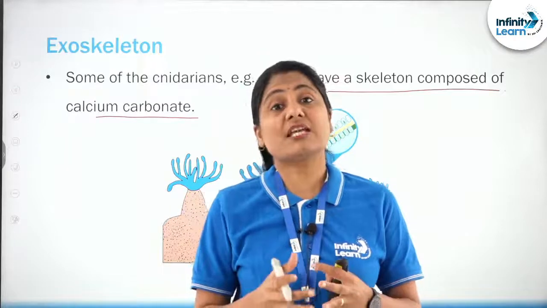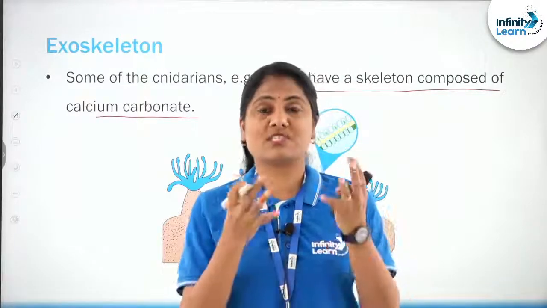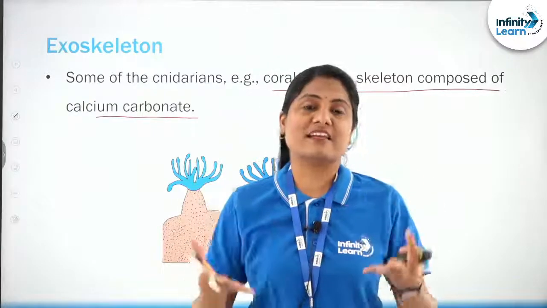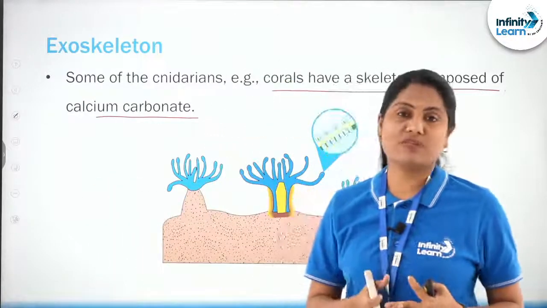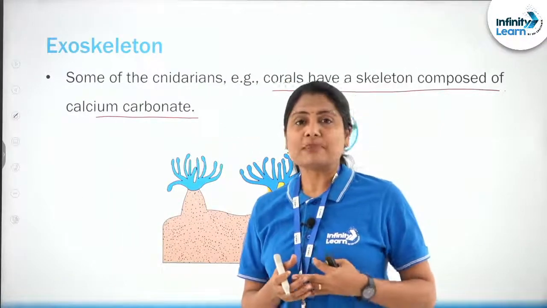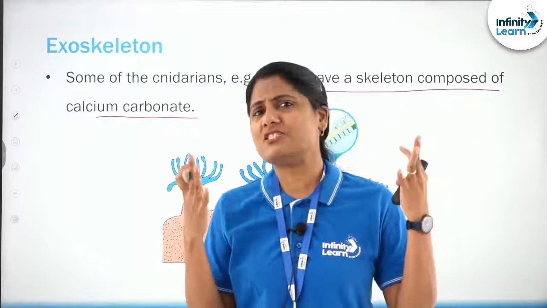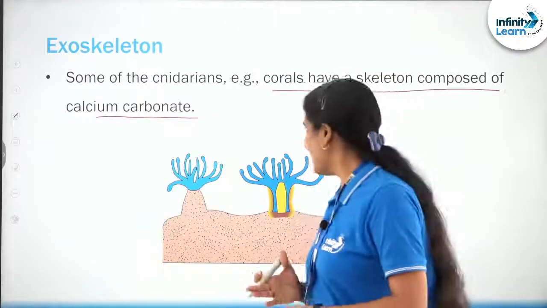The exoskeleton of these organisms is made up of calcium carbonate, which is the coral that actually forms this Great Barrier Reef. The extended exoskeleton of these organisms is what you see, and it's an ecological hub where you find lots and lots of species diversity, right?